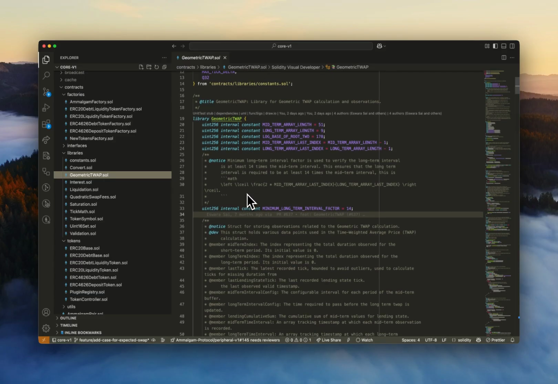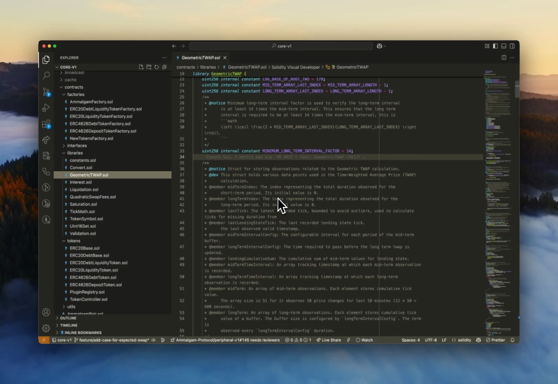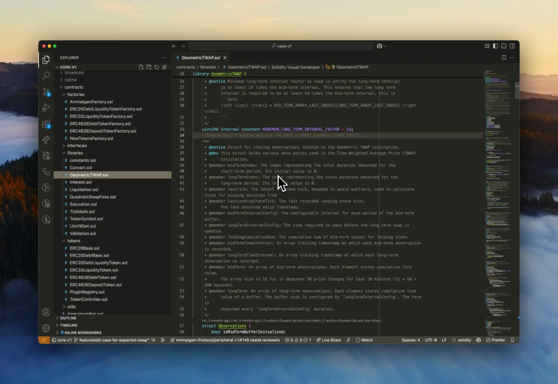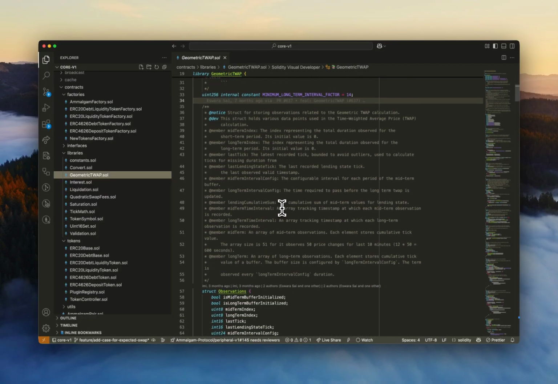This tracks two TWAPs. One is a shorter term that we call the midterm interval, and one is the long term.